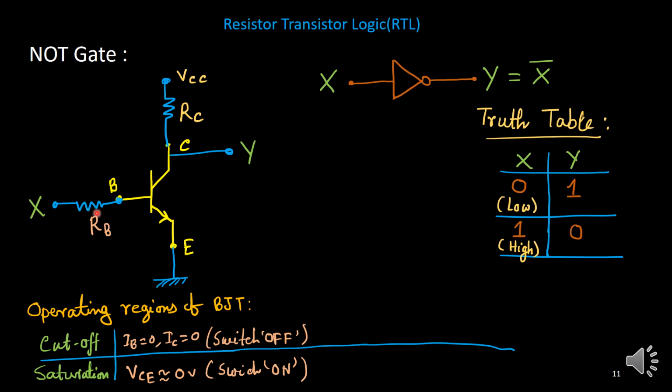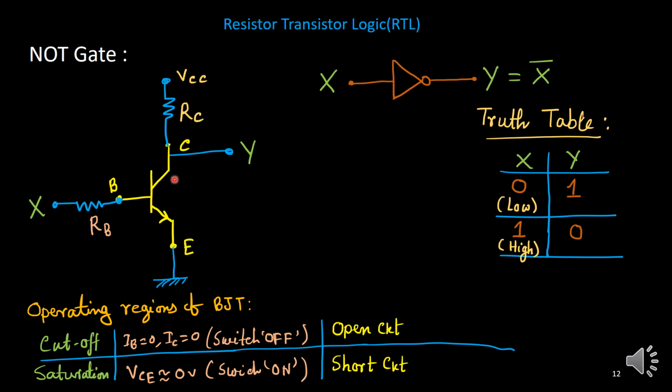IB is large, IC is also large, but the collector-emitter potential becomes almost 0, almost shorted to ground. This is called switch on. So in short, cutoff means open circuit, and in saturation, the collector and emitter are short circuited.